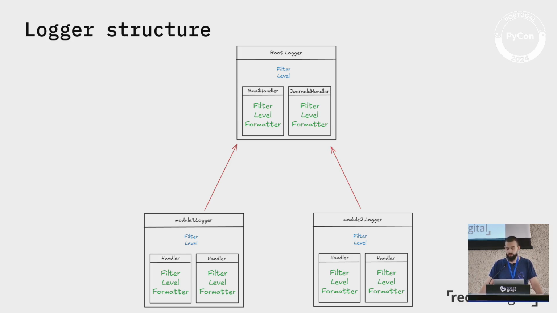My suggestion then is that you declare all your handlers and all your formatters directly on the root logger. What you get with this is a lot of things. First off, you do without all of this bizarre propagation logic. It's very rare, in my opinion, that you will need to log the same thing twice. If you really want to be sure of what you're doing, I guess feel free.